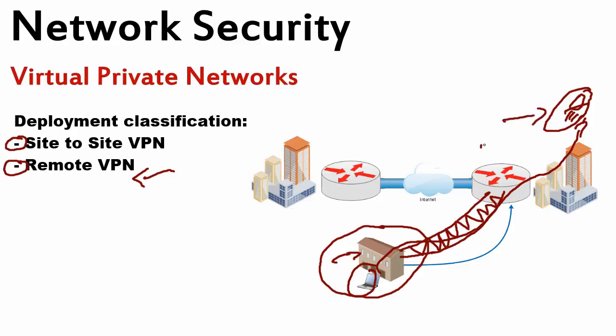Again, it can be a router, it can be a firewall, it can be a dedicated server with a piece of software running on it. It doesn't matter at this stage. The idea is that you are going to set up a tunnel, a VPN tunnel, a secure connection that will allow you to connect to these guys.